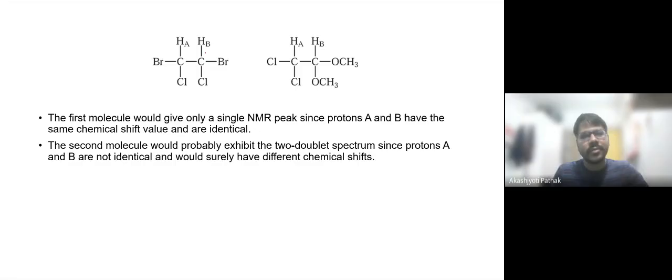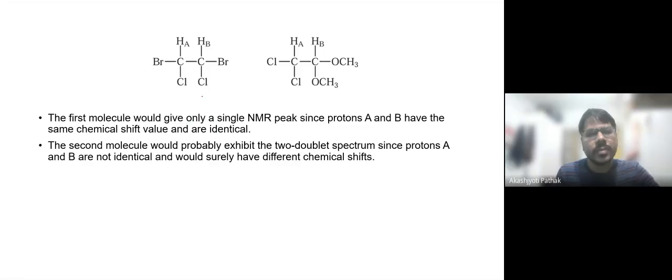If we see the chemical environment of this HA proton, it is surrounded by two electronegative atoms, bromine and chlorine, right? Similarly, this HB proton is also surrounded by the same electronegative atoms, bromine and chlorine.